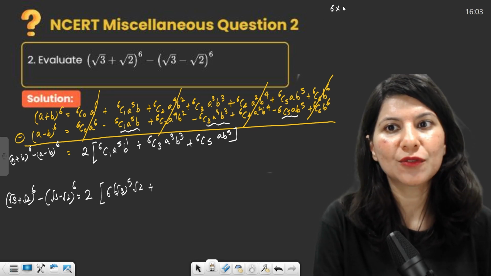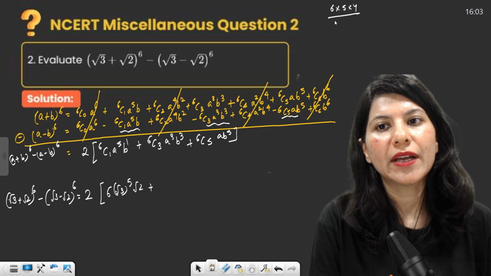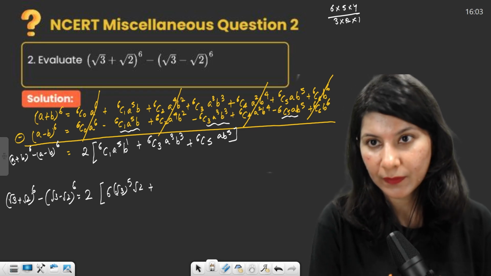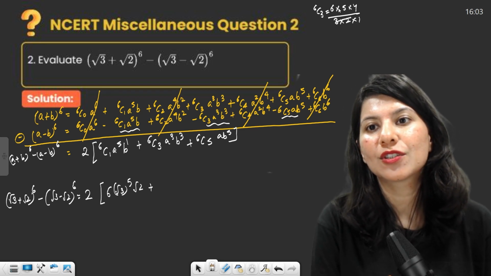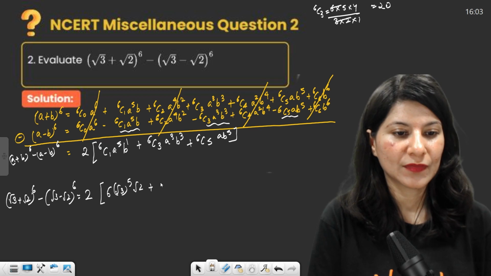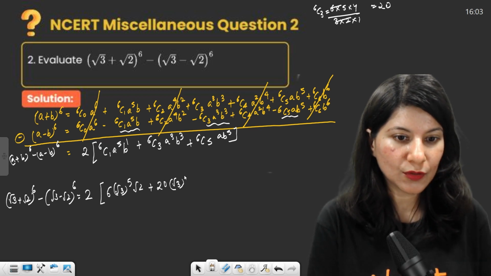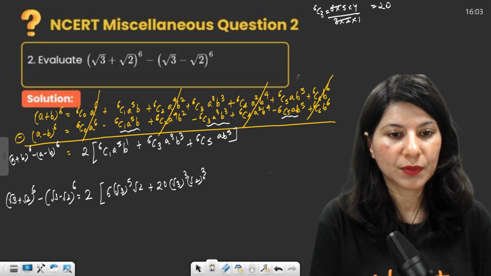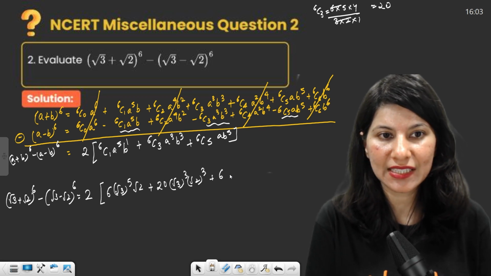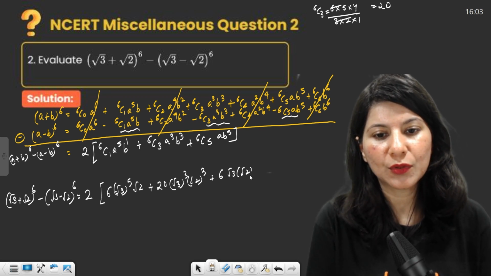What is 6c3? 6 into 5 into 4 by 3 into 2 into 1. This is your 6c3, which is, by the way, 20. So this is 20 times root 3 cubed and root 2 cubed, plus 6c5, that is 6, root 3 and root 2 raised to power 5.